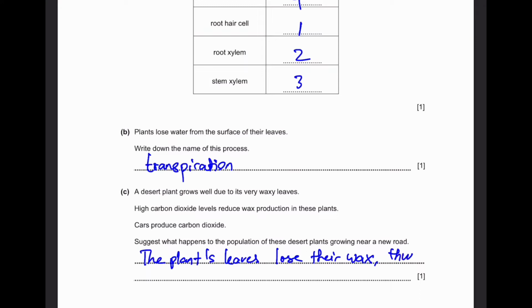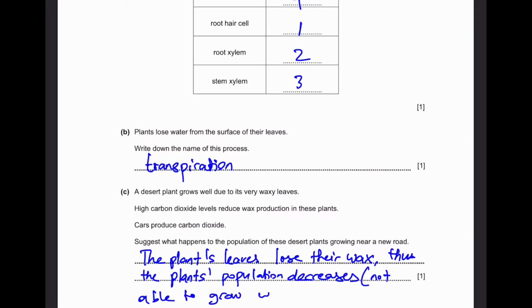And thus, the plant's population decreases. It's not able to grow well. That's our answer. Let's go to question 4.